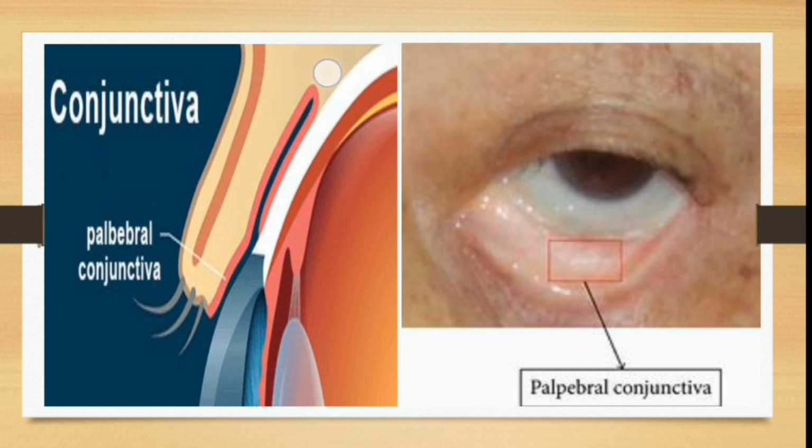And this fold, where the palpebral and bulbar conjunctiva are meeting, is the fornix. Now, the glands of Wolfring are present on the tarsal plate, on this palpebral conjunctiva, but the glands of Krause are present over here at the fornix, at this point where both of the conjunctivas meet. So here are the glands of Krause, while glands of Wolfring are on the conjunctiva which is under the eyelid.